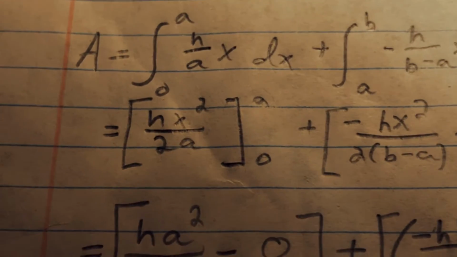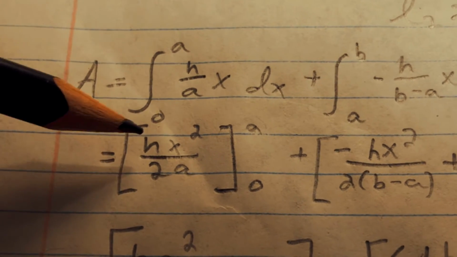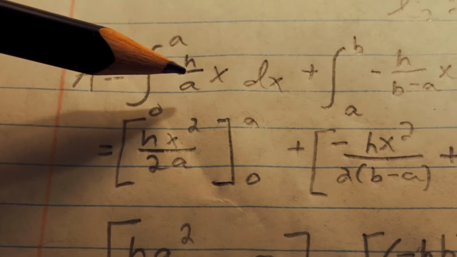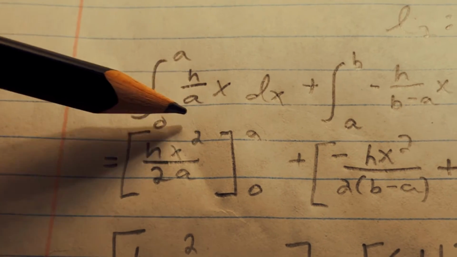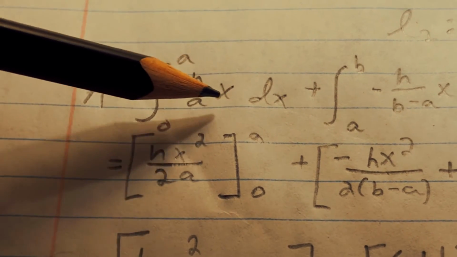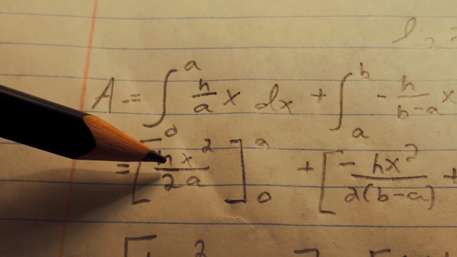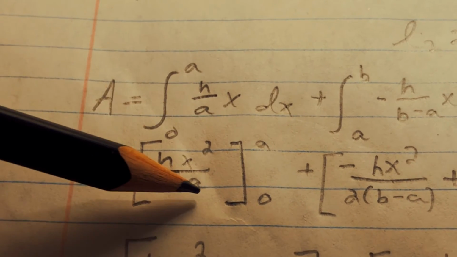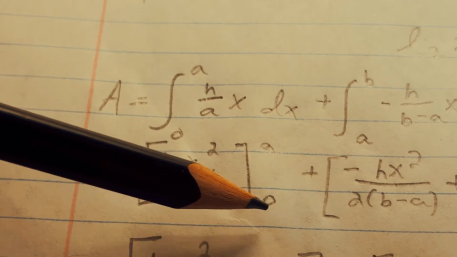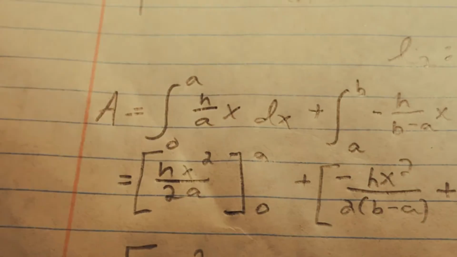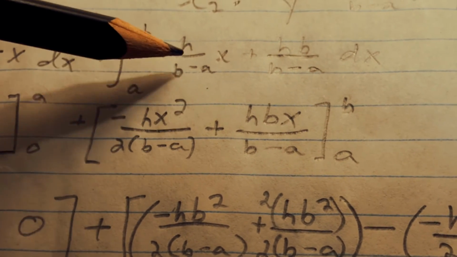The next step in this kind of definite integral is to find the antiderivative. The antiderivative of a linear term is the constant times x squared over 2, giving me Hx squared over 2A. I will evaluate this at A and at 0 and subtract this evaluation from that evaluation. The same happens here.